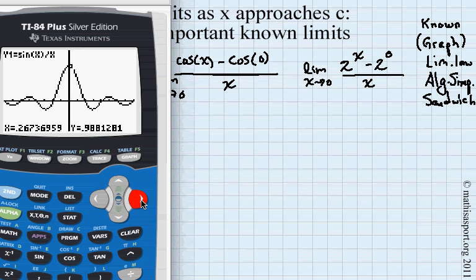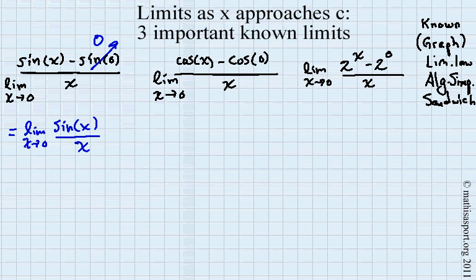So if we had to guess, we'd probably guess that the height is going to be 1 as x approaches 0.